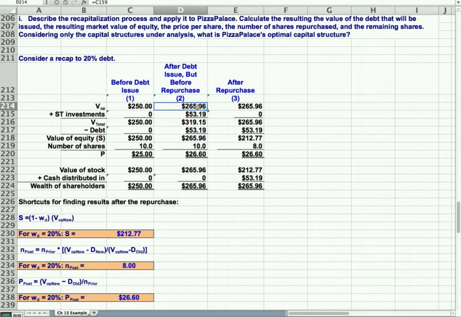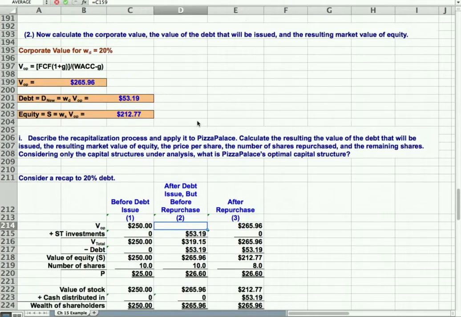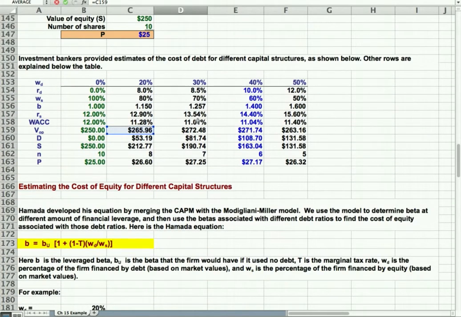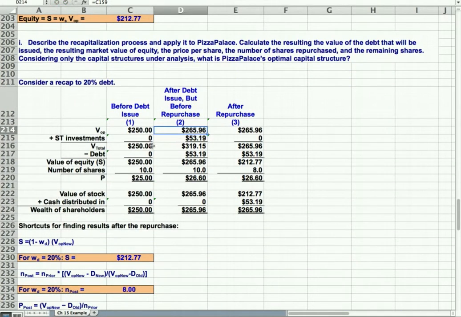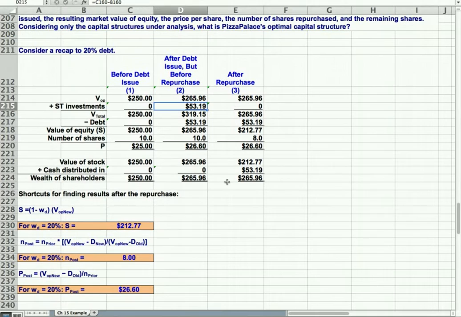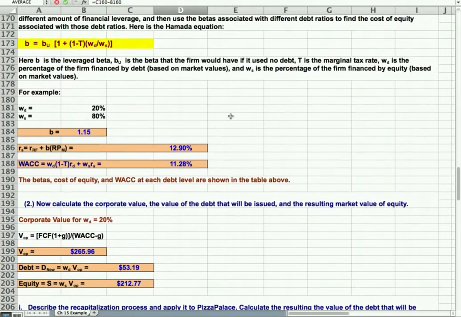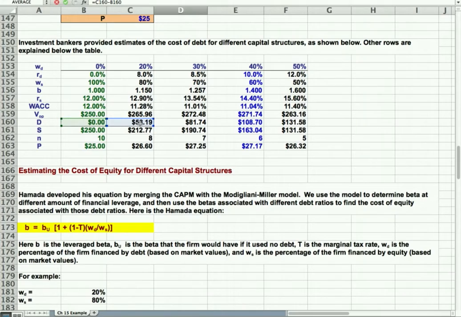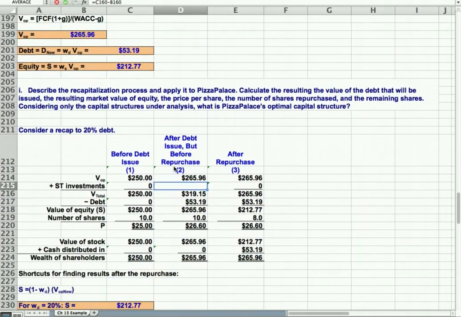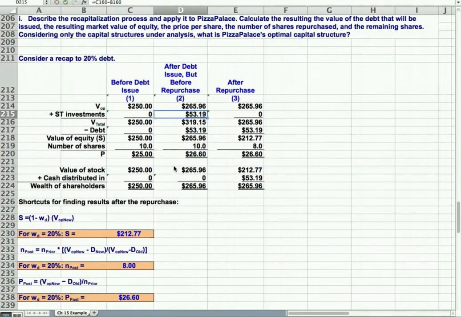The value of operations here, where we've issued 20% debt, is this 265. When we issue the debt of 20%, it's 60, C60 minus B. So that's how much debt increases when we raise 20% of it in debt.